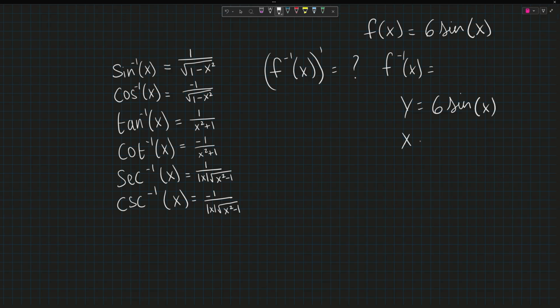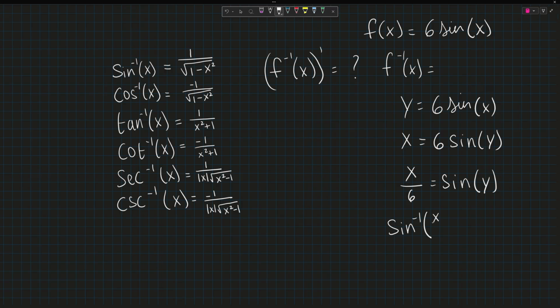So x equals 6 sine of y, and then x over 6 equals sine of y, and the inverse of sine is arc sine, or sine to the negative 1, so you're basically writing x over 6 equals y. So basically the same thing here, sine negative 1 of x over 6.